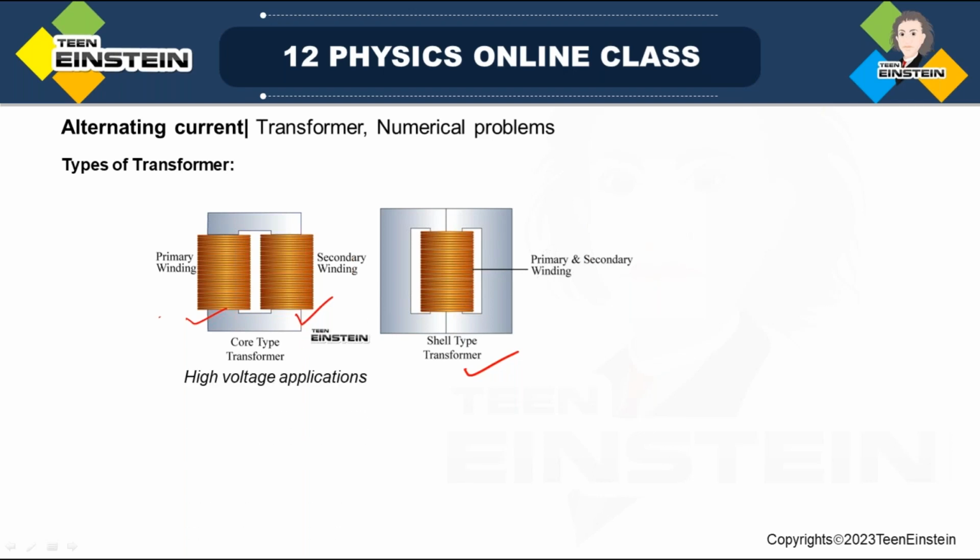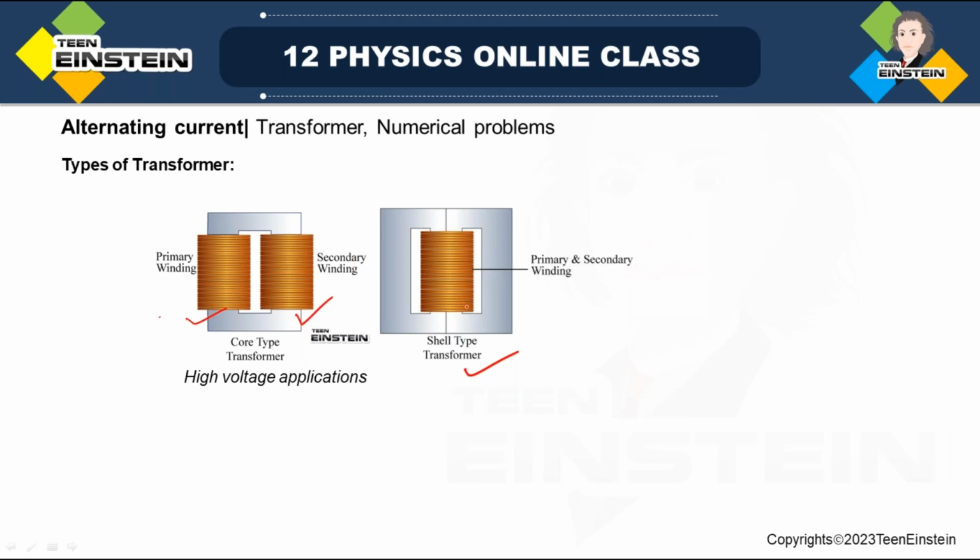In general, wherever there are high voltage applications, this core type transformer is being used, where there are two separate limbs or arms, and the secondary and primary coils are wound on the separate arms.